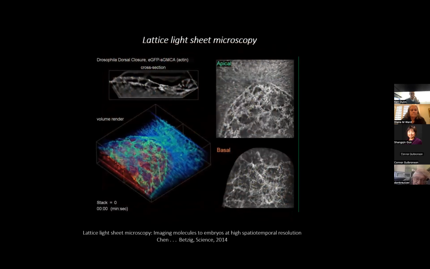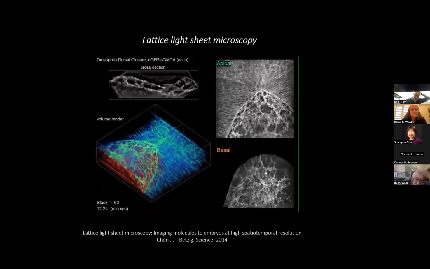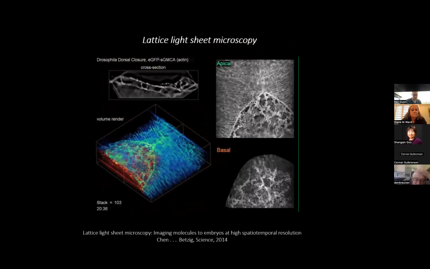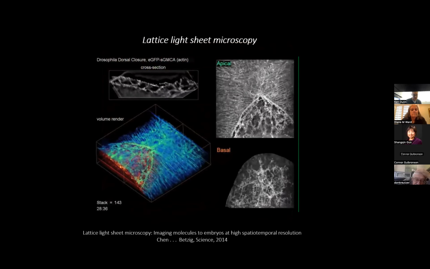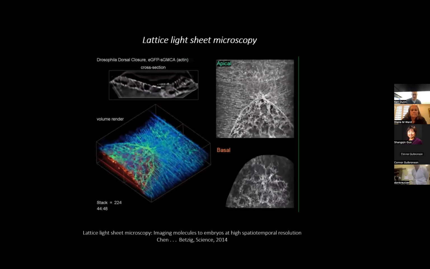Here's another. This is just mind blowing. And again, I apologize because I don't understand the biology. This is Drosophila dorsal closure, and actin is labeled again. But check this out. Again, I want to point out that these are volumes being collected rapidly enough to characterize motion in 3D.